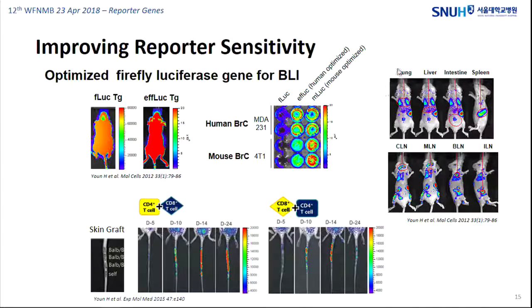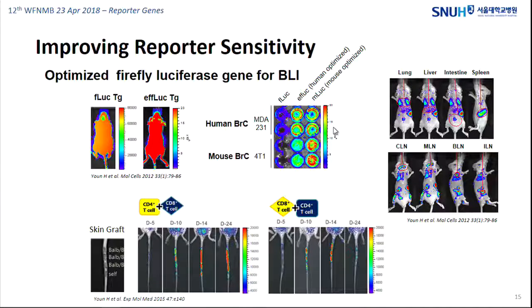These immune cells clearly localized to the target organs: the lung, liver, intestine, and spleen. The important thing is that the lymph nodes, the mesenteric and ileum lymph nodes, we can see very clearly in this mouse.